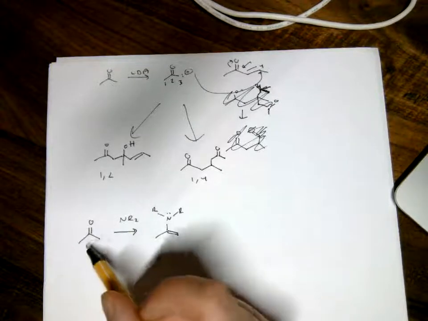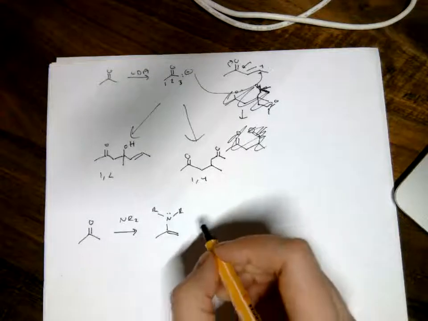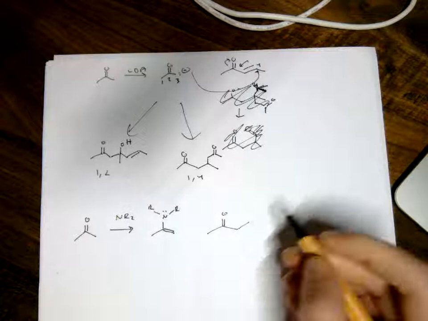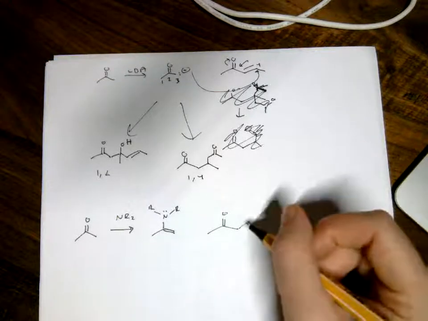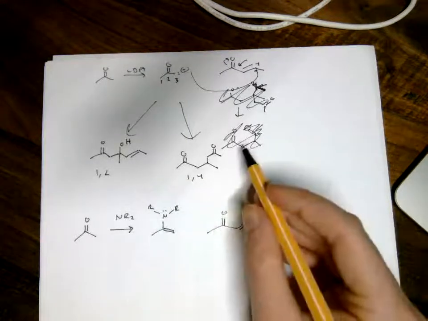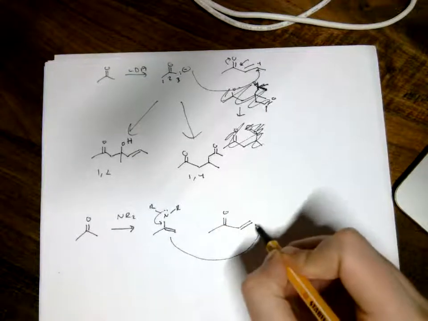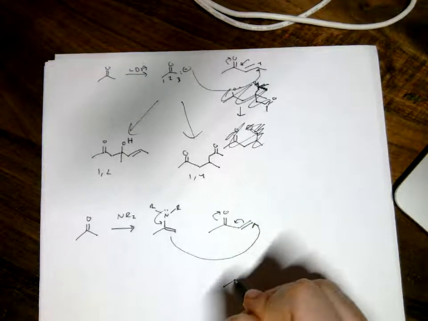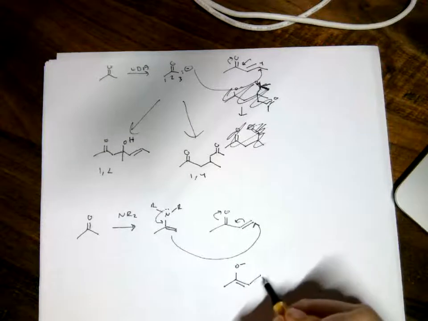Hopefully you remember how to do it, but essentially if you do the ketone plus NR2, you get this, and then this can attack, and it will favor a 1,4 addition if that's the thing that you want. So say you really want the 1,4 addition instead of the 1,2 addition, this will come down and this will attack as your nucleophile, and you'll get O minus with a double bond here.